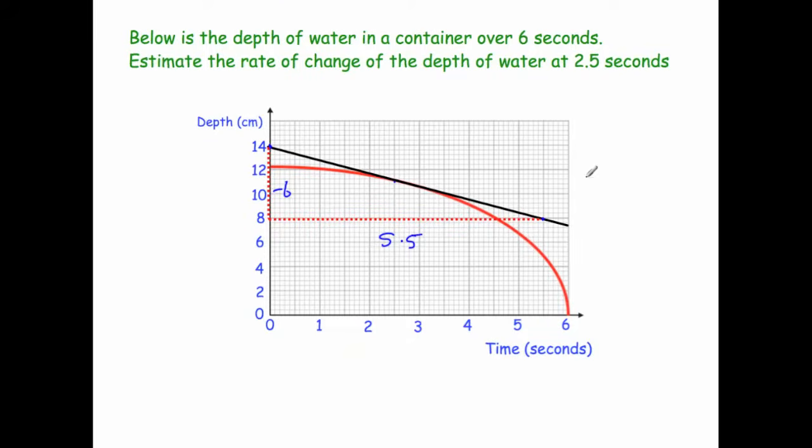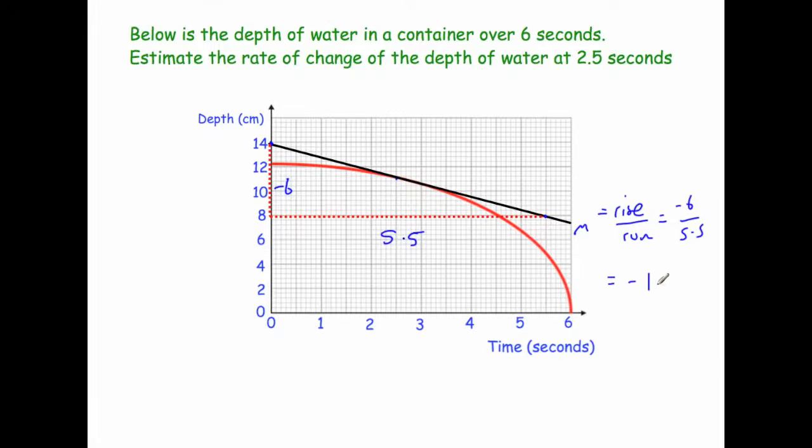And so that means that our gradient of this line, let's call it m, is equal to rise over run, and that equals minus 6 divided by 5.5, and we'll just type that into our calculator and we'll get what the gradient is. So that gives minus 1.09 to 2 decimal places. And so our answer is minus 1.09.